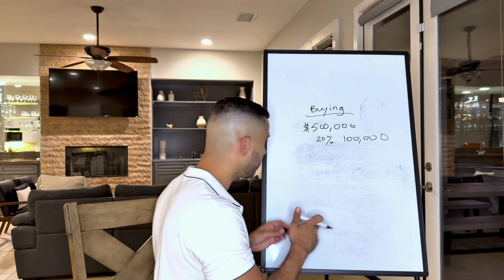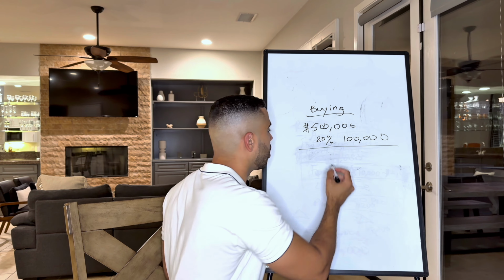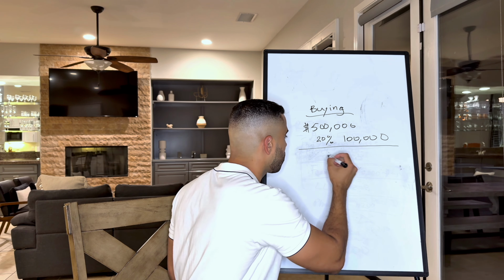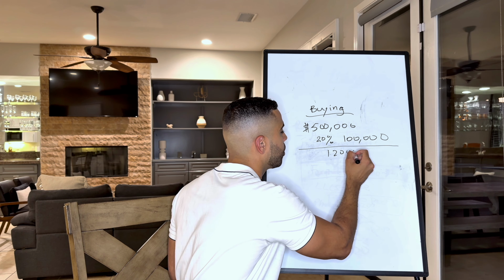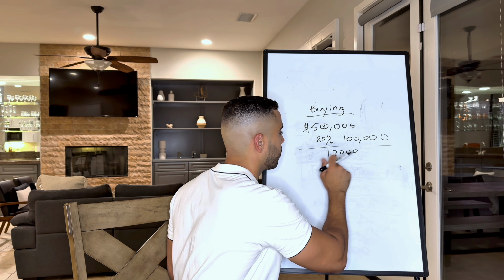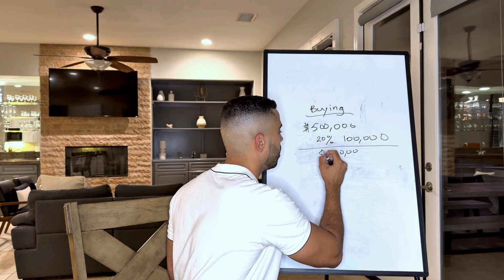So that plus your closing costs, let's call it another $15,000, $20,000. So let's just call it $120,000, including those closing costs. I'm going to try to squeeze it in here as well. Okay.